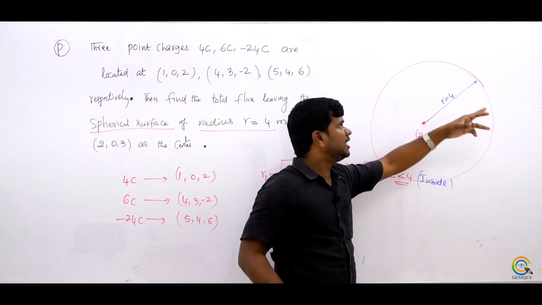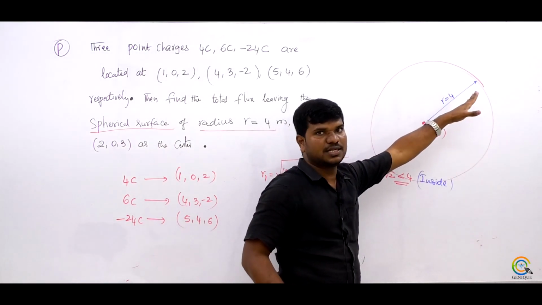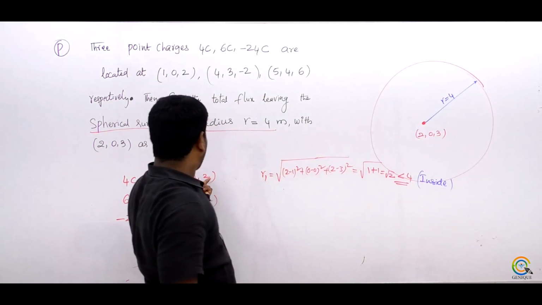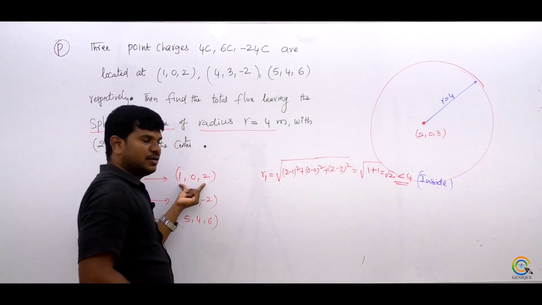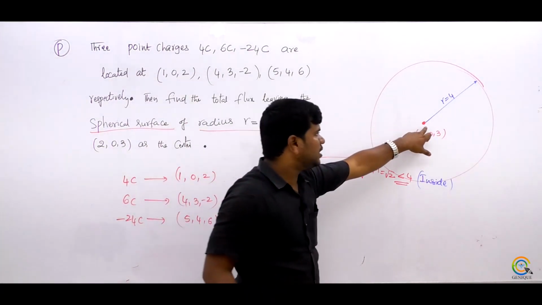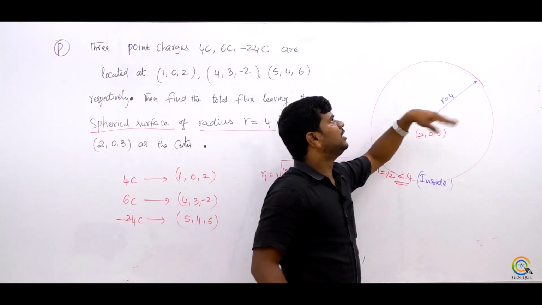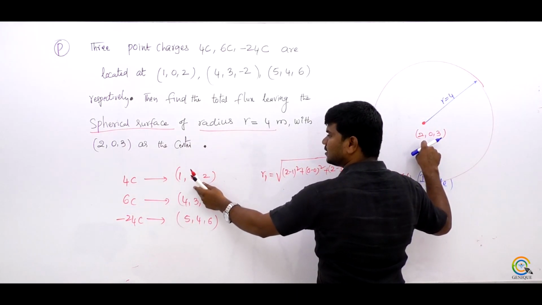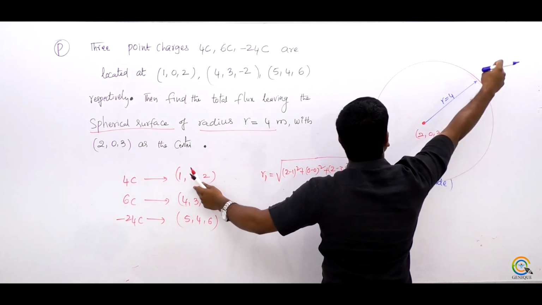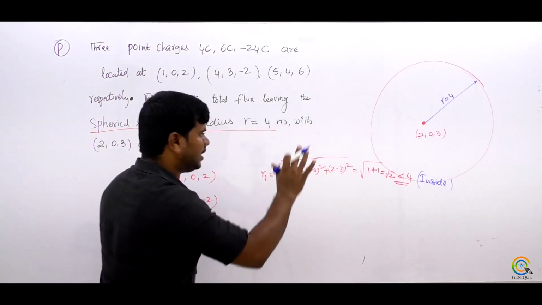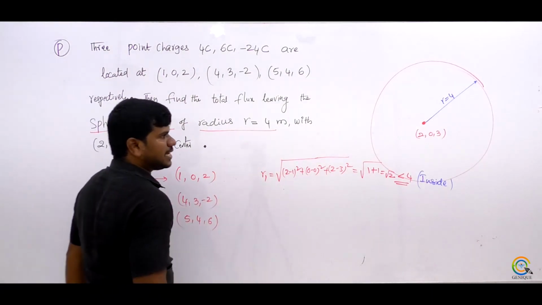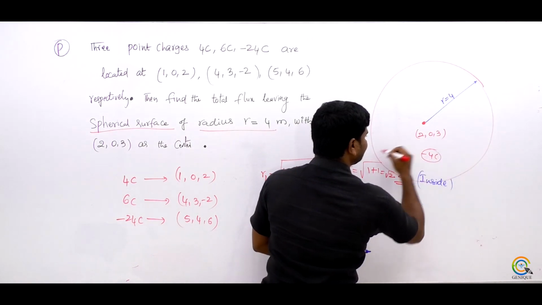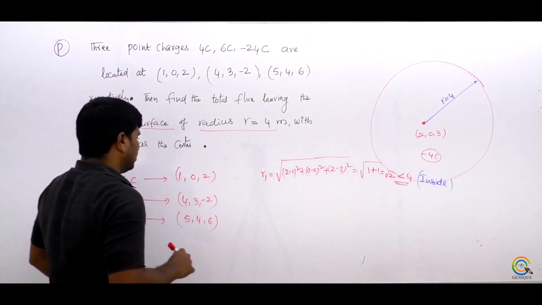If we find the distance of a point with respect to the center and it is greater than 4, it means the point is outside. So the 4 coulombs is inside the sphere.